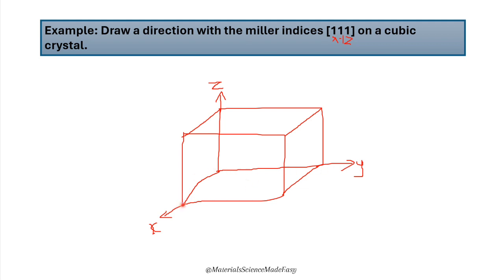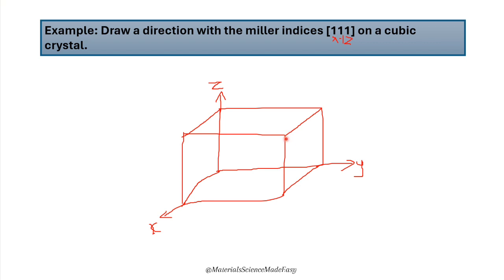This is the Y direction, so once in the Y direction. This is the Z direction. We repeat that. I move once in the X direction, and then stop. I move once in the Y direction, and then stop. I move once in the Z direction.